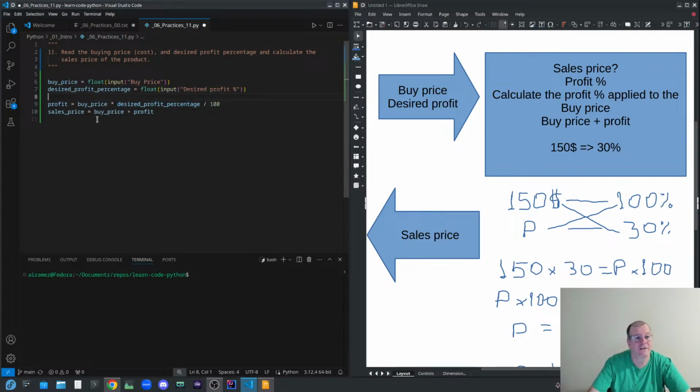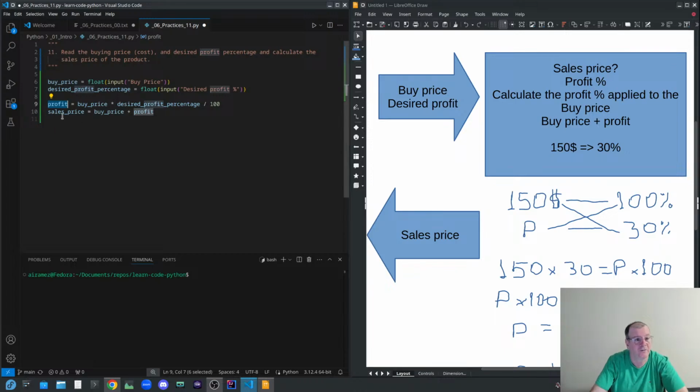This is not a bad idea because, okay, it's 3 words, but it makes clear that this is the desired profit and is a percentage, it's not an amount. This is the profit. This is a value, it's not a percentage. It will be calculated based on a percentage.